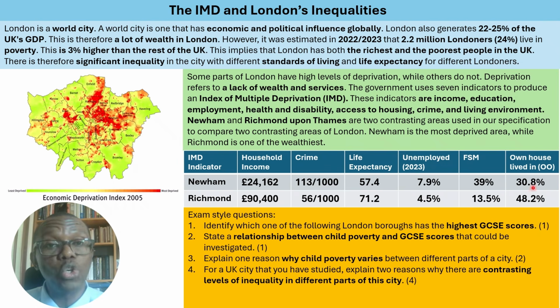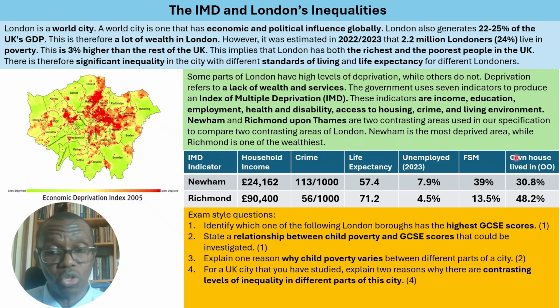Then free school meals, and this is one that the examiners like to ask about in the exam, or have asked about it in previous papers anyway. And the children on free school meals in Newham is 39%, which is almost 3 times that of Richmond, which is at 13.5%.